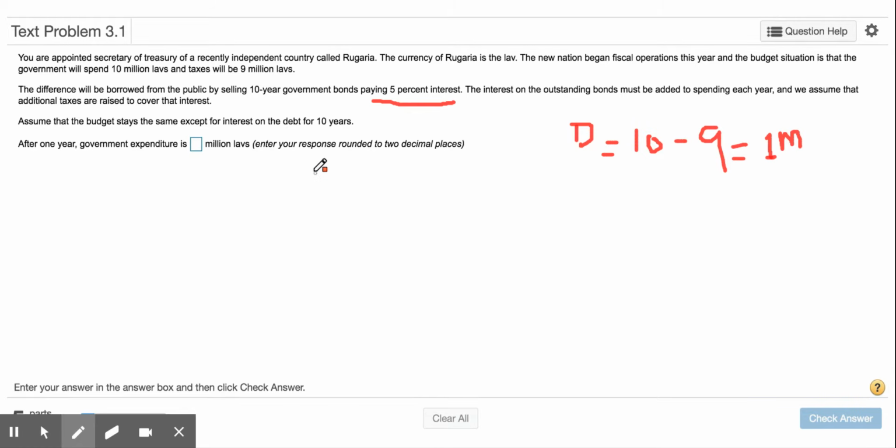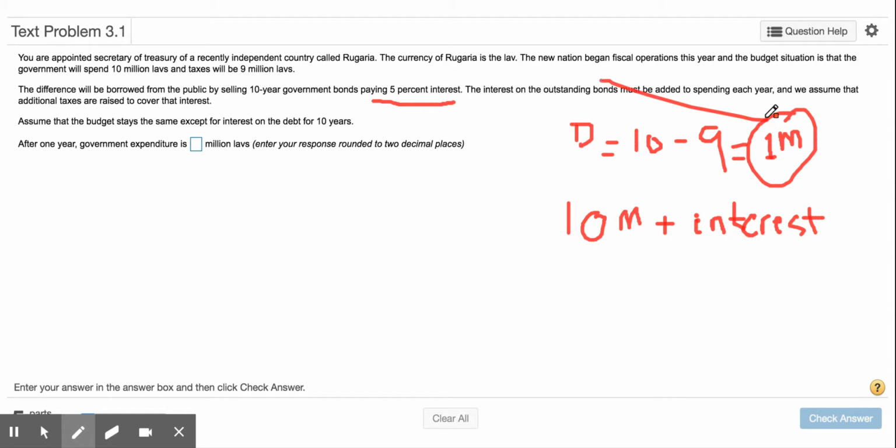Okay, so the government expenditure in 1 year will be the initial expenditure, 10 million, plus interest on the previous deficit. So let's calculate the interest in this case. The country in the first year is running this amount of deficit.